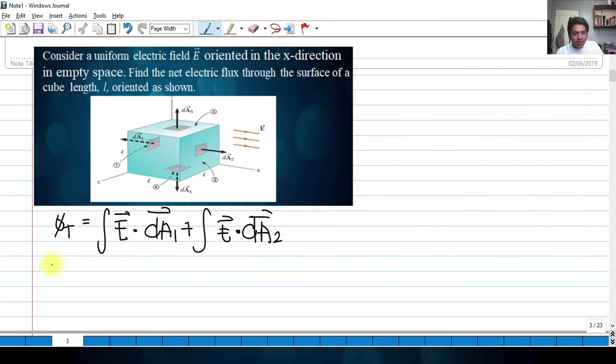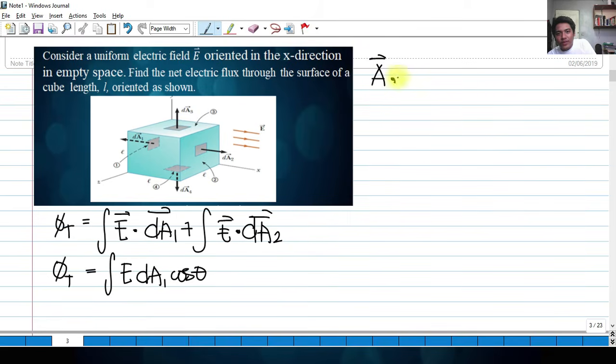And again, to get the total flux here, we have to integrate this. Can we actually translate it into magnitude? Yes, we can translate that into magnitude. So that should be the integral of the magnitude of the electric field multiplied by the differential area dA sub 1 cosine of theta. That came from the definition of the dot product.